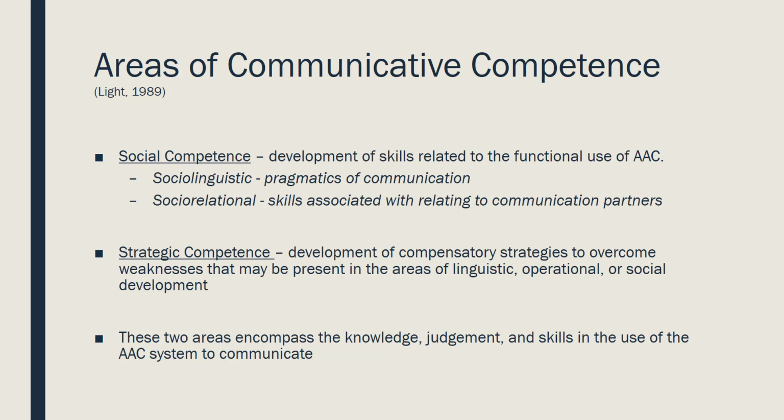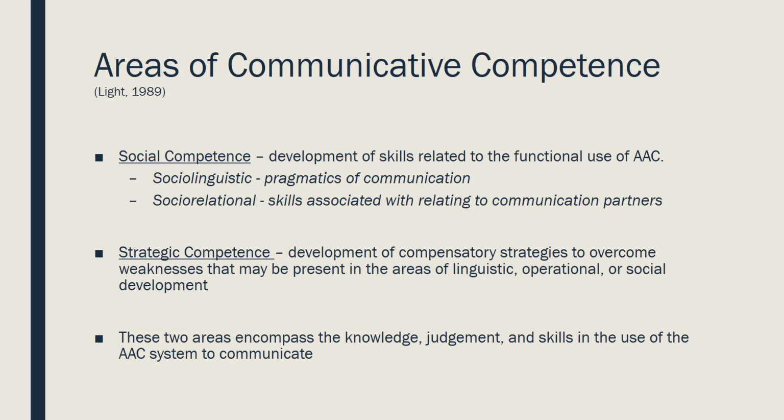Social competence is learning the functional use of AAC in order to communicate with others in a social arena. It includes 2 areas. The first, sociolinguistics, which is the area of pragmatic skills or the social aspects of language.